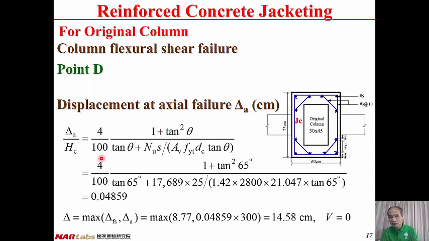And then by using this empirical formula, we can have delta A divided by Hc equal to something like that. And then by comparing with the lower bound, the final result for delta equal to the maximum of delta Fs and delta A equal to 14.58 centimeters. At point D, the strength of the column vanishes.